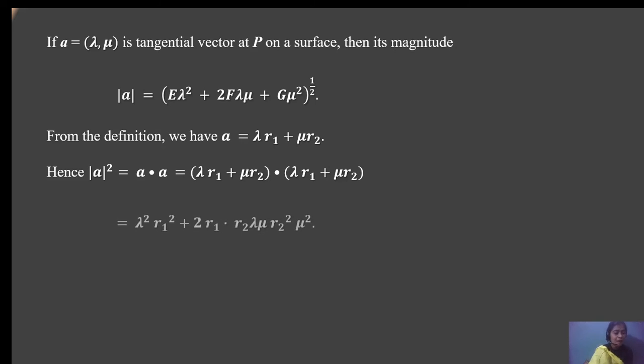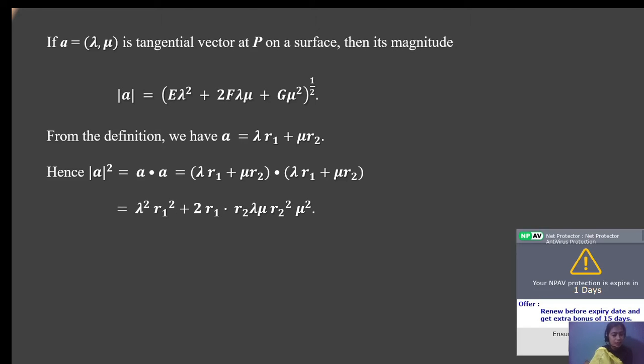Then we solve this: lambda r1 dot lambda r1 is lambda square r1 square, plus 2 times r1 dot r2 lambda mu, plus r2 square mu square.